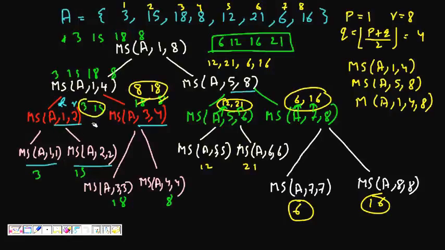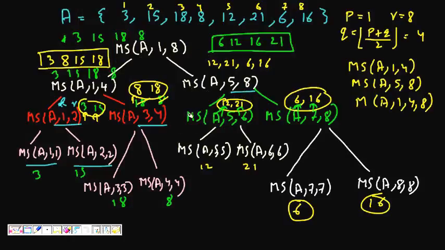Now when we merge these, 3 is less than 8, so 3 is copied here, it goes to 15. Now between 15 and 8, 8 is minimum, so 8 comes here, and between 15 and 18, 15 is minimum, so it gets here and then 18. So we now have two sorted arrays of size 4.